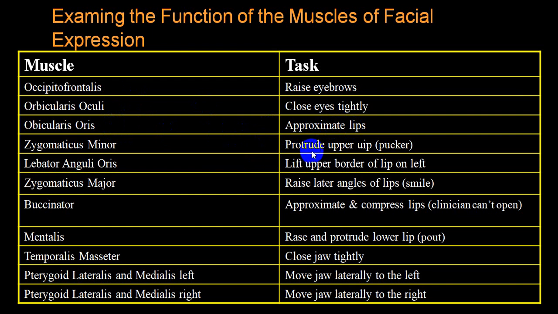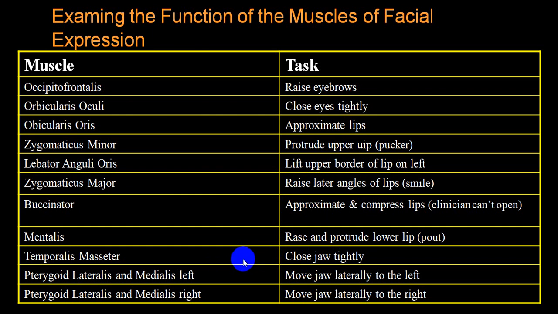The zygomatic branch protrudes the upper lip; it takes part in puckering. Levator anguli oris lifts up the upper border of the lip, the upper lip. The zygomatic branch raises the lateral angle of the lips, that is for smiling. Buccinator is for blowing. The mentalis muscle raises and protrudes the lower lip.